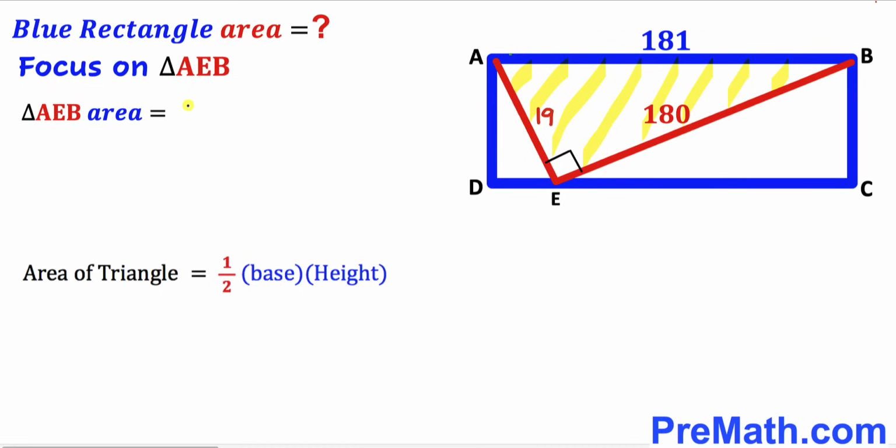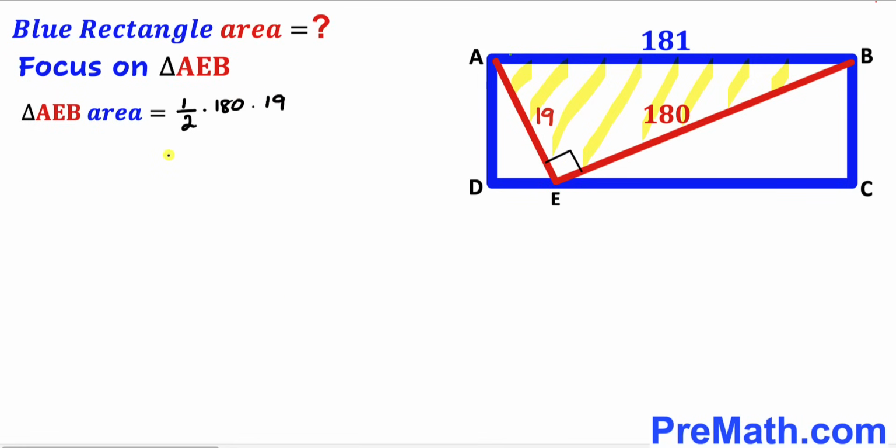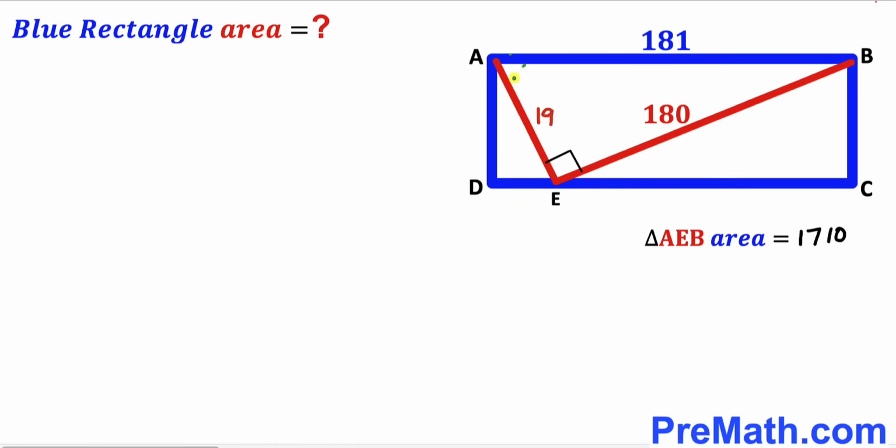So this triangle AEB area is going to be a half times the base, 180, times the height, 19. If we simplify and multiply the right-hand side, that gives us 1710 square units.